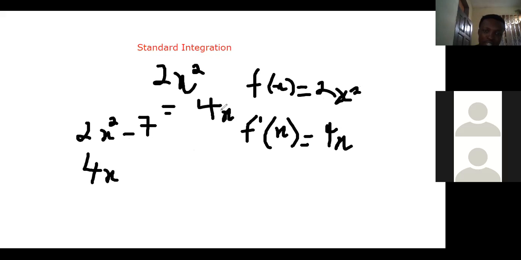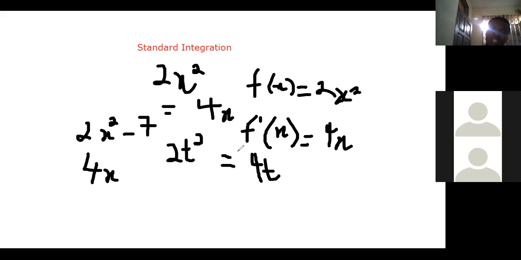When I differentiate this and get this, when I integrate this, I'm going to get this; I'll go back to my position. So likewise, if I have 2t squared and I differentiate it with respect to t, I'm going to get 4t.